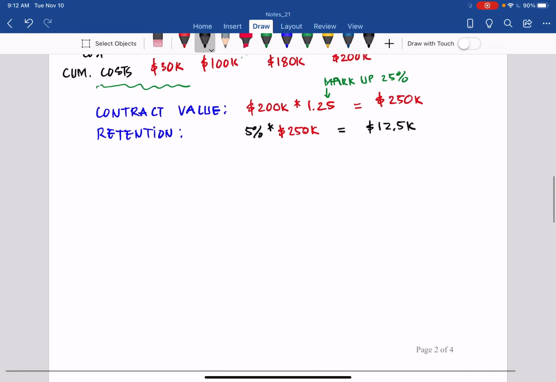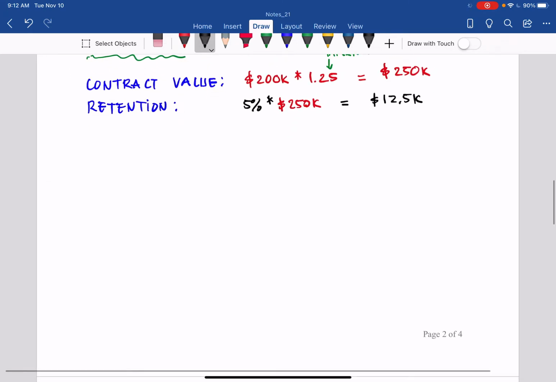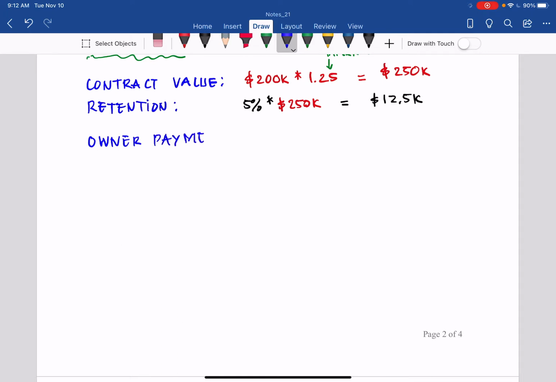In this video, we want to show you what the payment, retention, and cumulative payments should be on the cost of the construction work for this project. So with that, we can determine the owner payments, and of course, not paid one time, but month by month. So let's work on that as well.